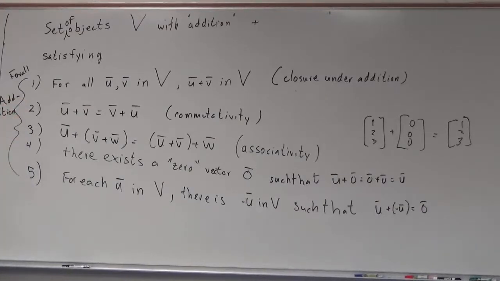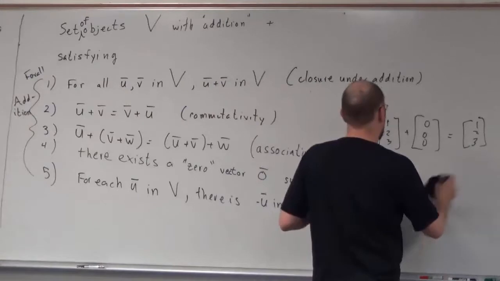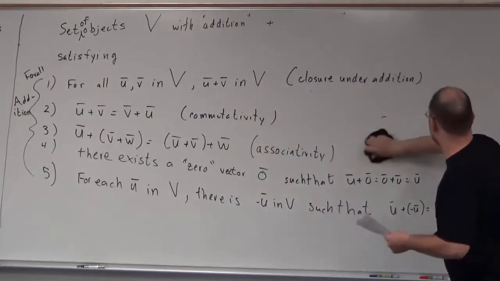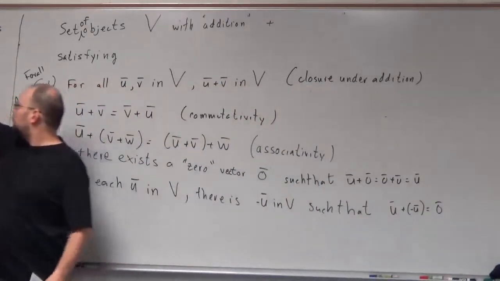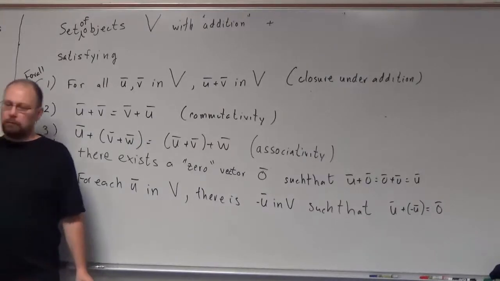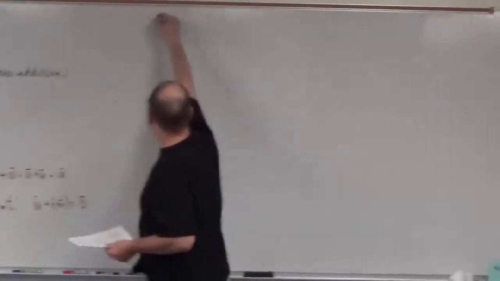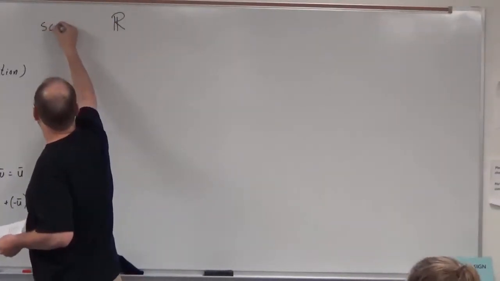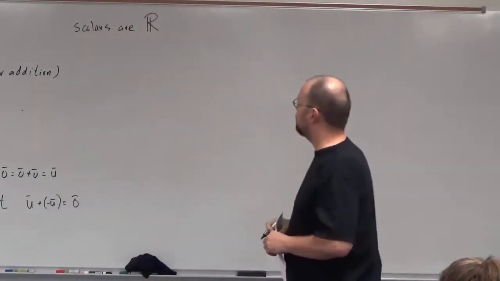The next 5 axioms talk about scaling. We're dealing with real vector spaces, which means that we can scale, or multiply, by scalars, and these scalars are real numbers. We're not dealing with complex numbers or something like that. That's why we call them real vector spaces.